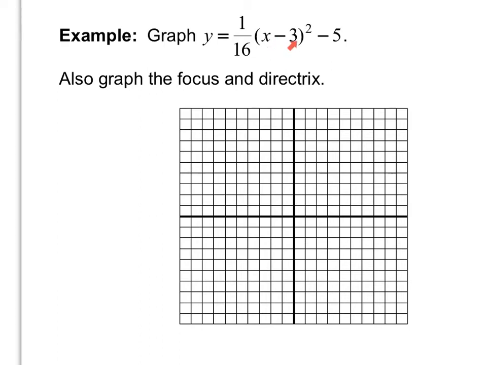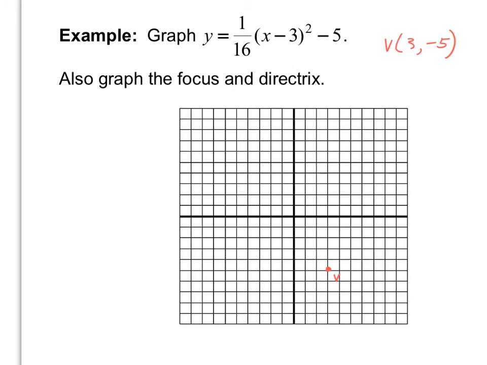If I see a minus 3, I'm going to use a 3, and then we're going to use exactly this number. So my vertex is going to be the point 3 comma negative 5. So when I go to 3 negative 5, I'm going to put my vertex right there, and I'll label this as V for vertex.